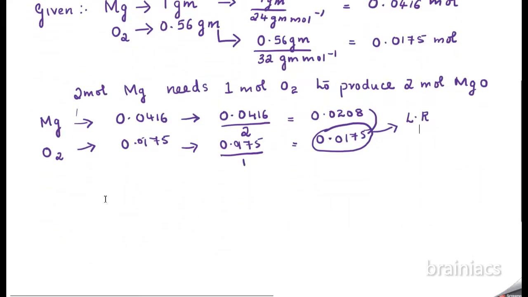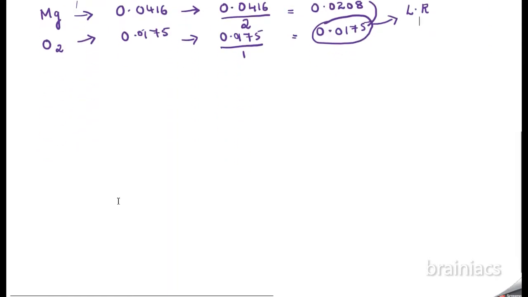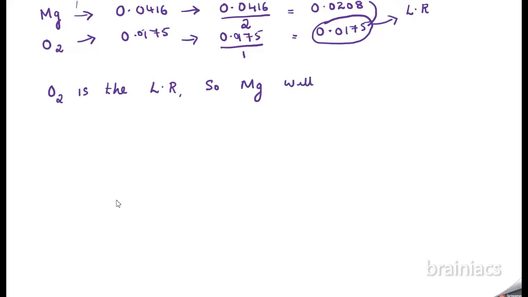Magnesium. Correct. So we will write here: oxygen is the limiting reagent, so magnesium will be left in excess. Correct?